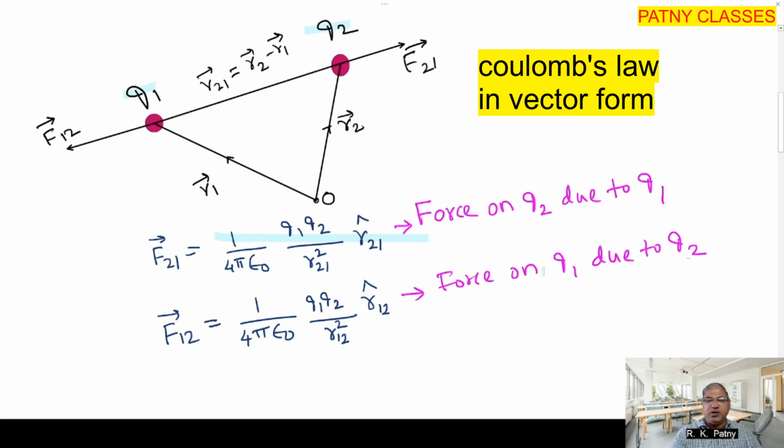Whenever you find F21, you need to multiply by the unit vector R21, and whenever you are calculating F12, you need to multiply by the unit vector R12. These two expressions are developed on the basis of Coulomb's law. We shall be utilizing these expressions while finding the electric field due to the system of charges.